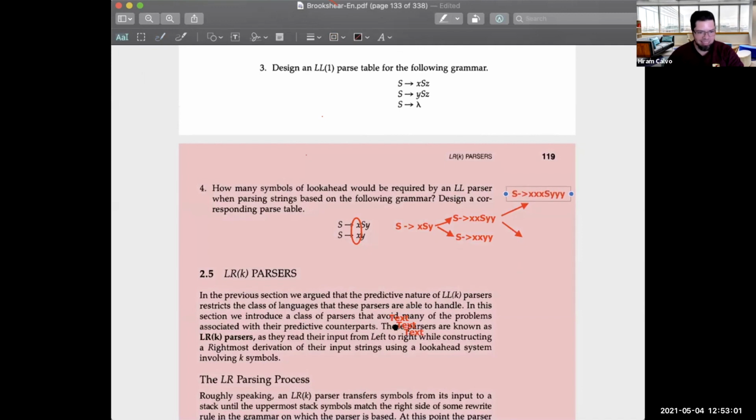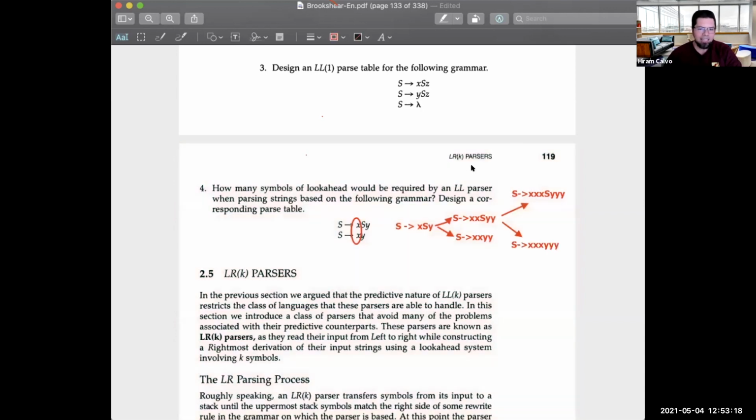Okay, let's do that. And for the second one, you will have this: S, X, X, X, Y, Y, Y.